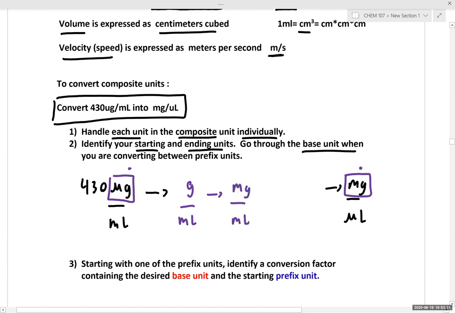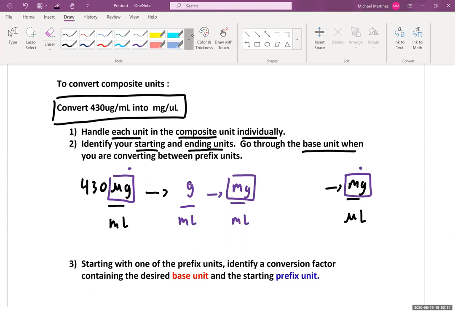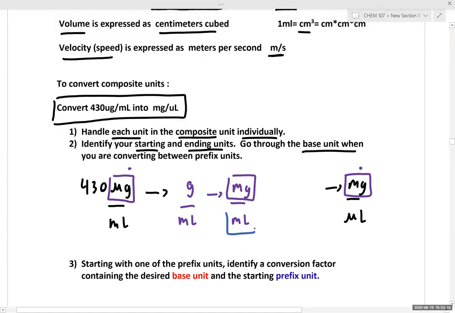Okay, so we've completed the first top half of our unit conversion. We still have the bottom half to deal with. In the bottom half, we're trying to go from milliliter to microliter. So what is our intermediate stepping stone to go from 1 over milliliter to 1 over microliter? Liters.